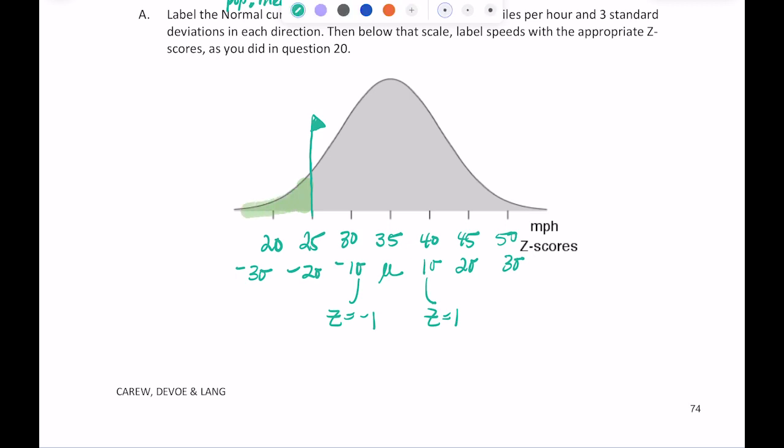I need to use my empirical rule to figure that out. If you'll recall, anywhere from 25 to 45 is 2 standard deviations above and below the mean. Using the empirical rule, we know that the area in between the two flags is 95%.